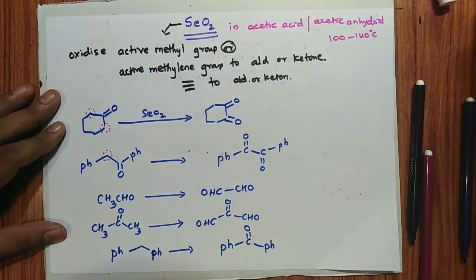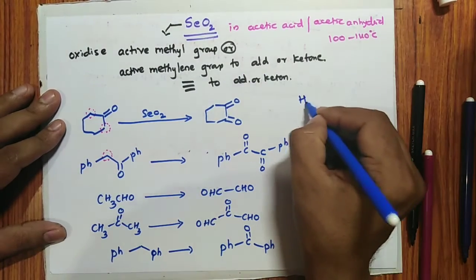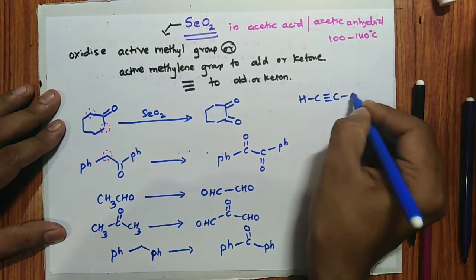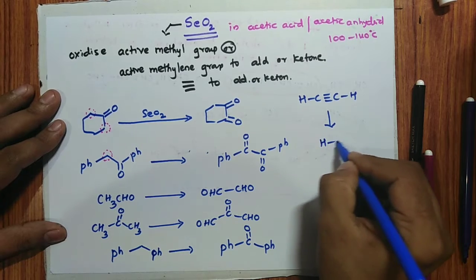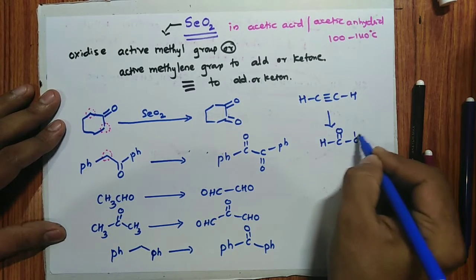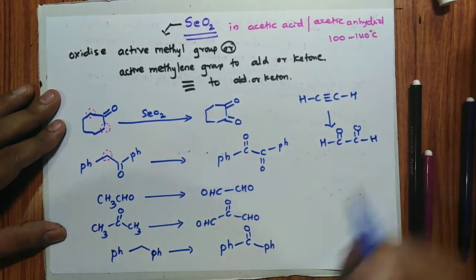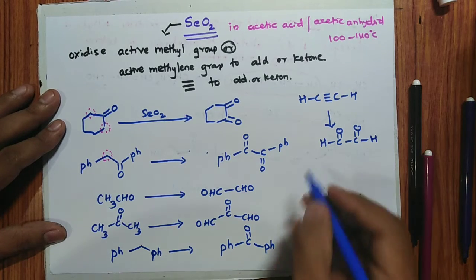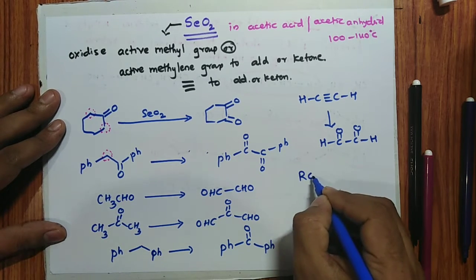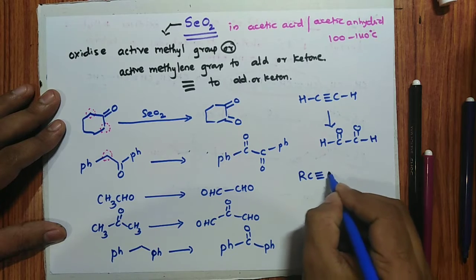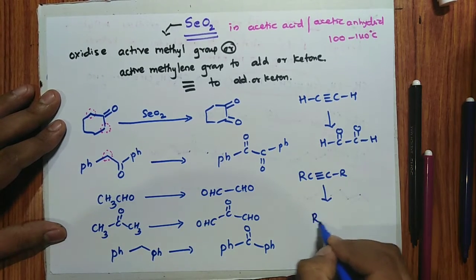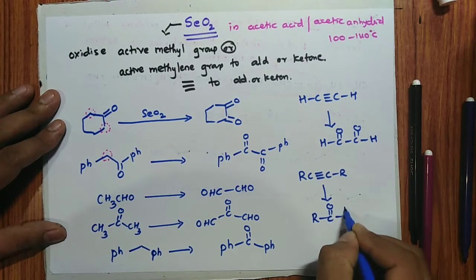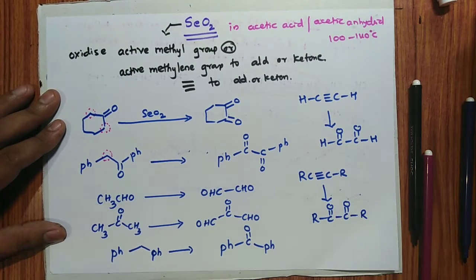And it also oxidizes triple bond, I told, right? See here, HC triple bond CH gets converted into HC double bond O, C double bond O, H, diketone. Or if it is R C triple bond C R, it will get converted into R C double bond O, C double bond O R.